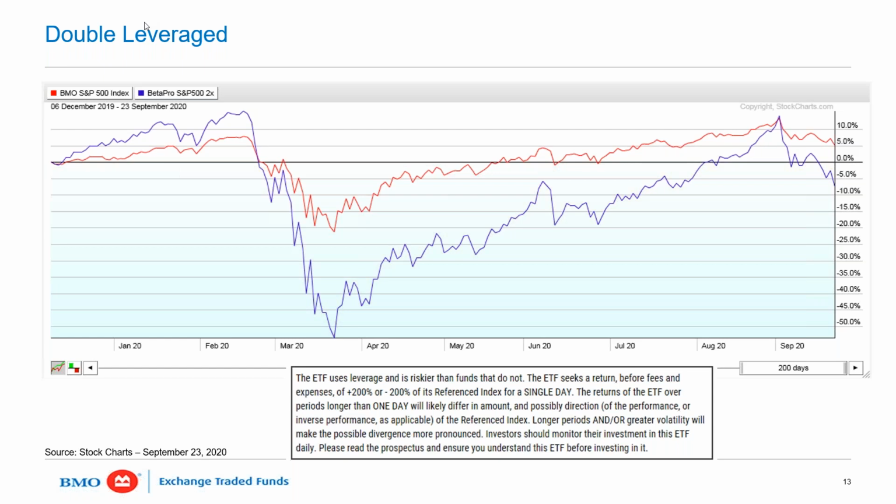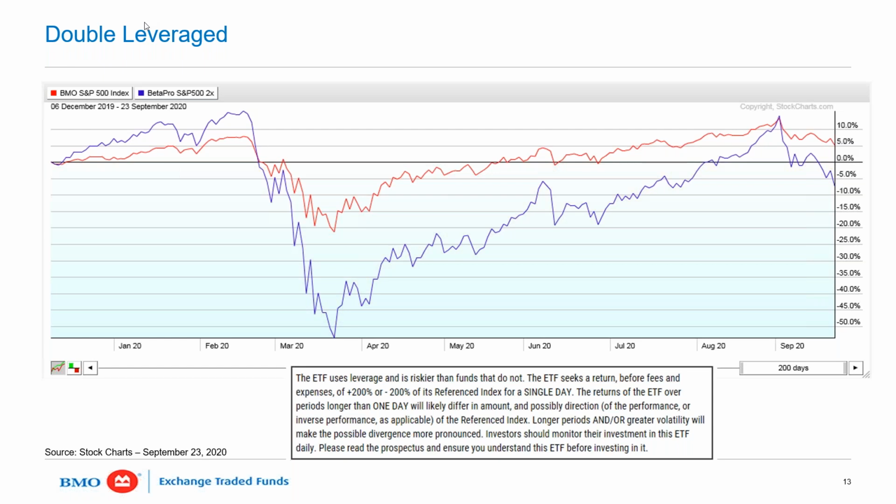Because of the nature of how these leveraged ETFs work, because of that daily reset, if you held it for a long period of time, the total return you got is actually quite path dependent on how you got there. So if you held the S&P 500 for 1 year and it returned 10%, that double levered one is not going to give you 20% over 1 year.